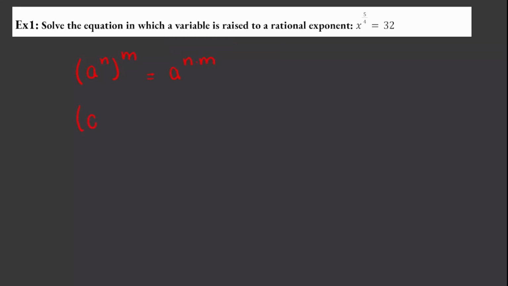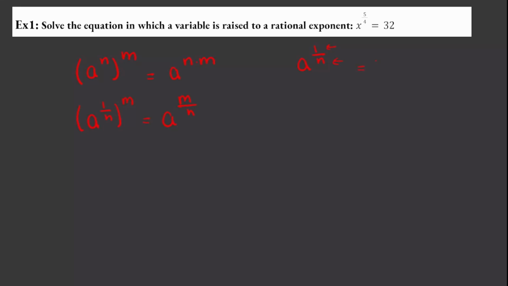We will be using this property, but for rational numbers. So for instance, if I have a to the 1 over n times m, this is equivalent to a to the 1 over n, raised to the m power. Another property we should be familiar with is a to the rational exponent 1 over n, where the 1 is always in the numerator and some constant is in the denominator.